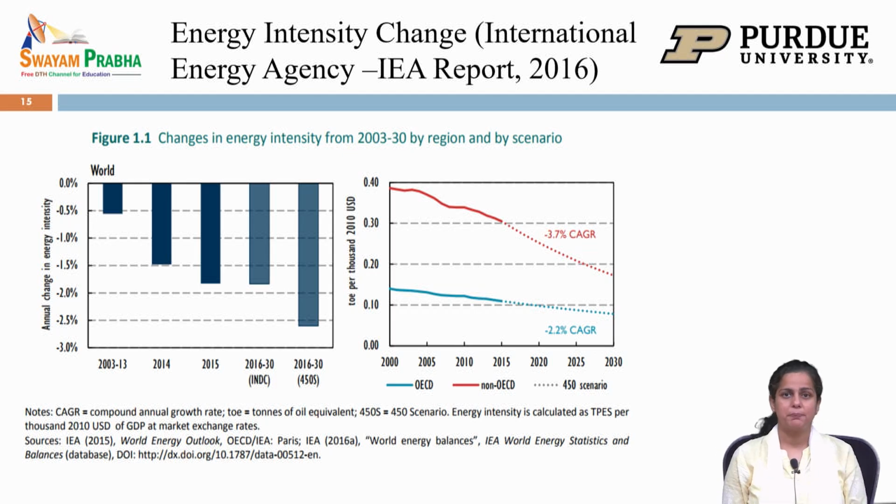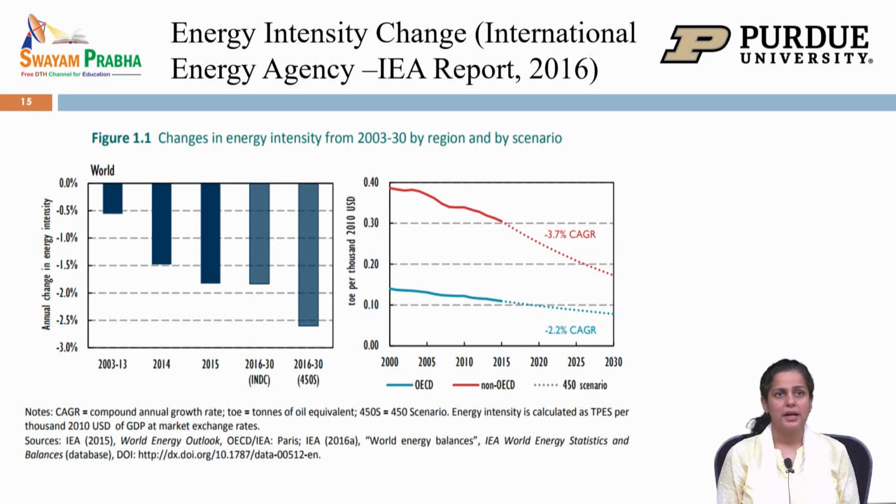Here is an example of that. These charts show the energy intensity change from the International Energy Agency, or IEA, report. In figure 1.1, the blue bars show the annual change in energy intensity for the world. For 2016 to 2030, it is expected that we will reduce by minus 2.5%.